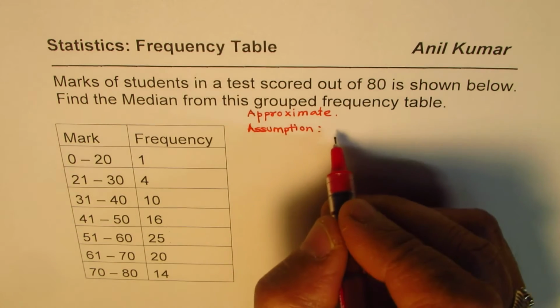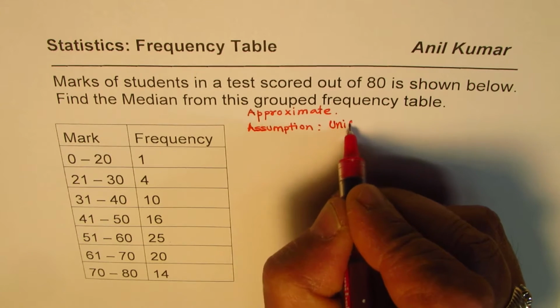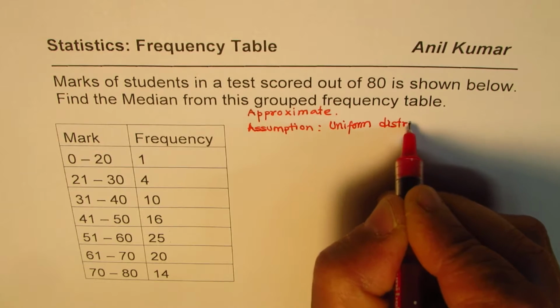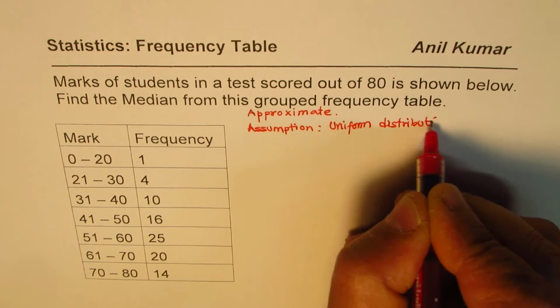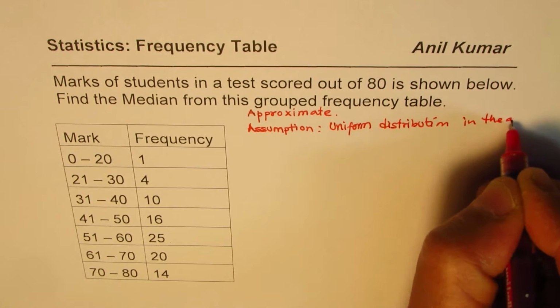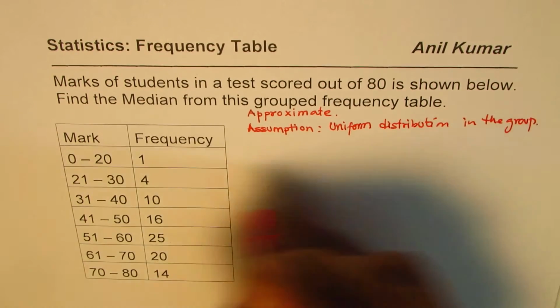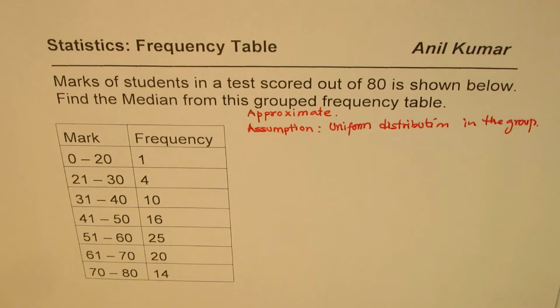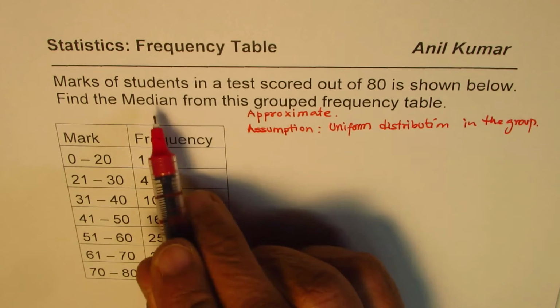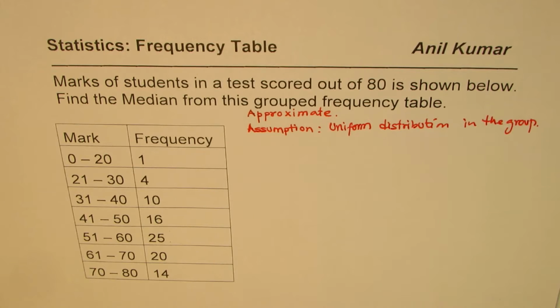So the assumption is uniform distribution in the group, or the interval. Based on this assumption, we are going to find the median. So that is the approach.